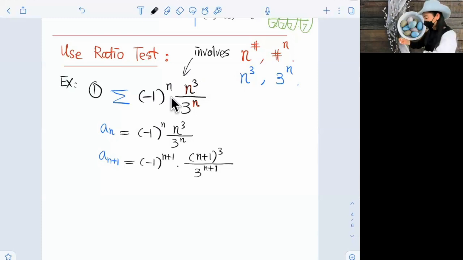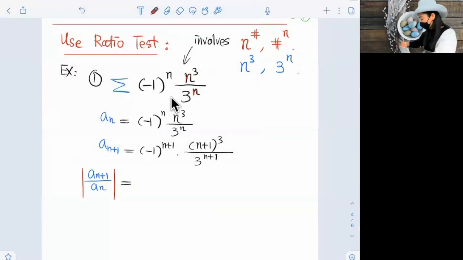Let's look at the ratio. We look at the absolute value of this ratio. Now, we can ignore the alternating sign because of the absolute value. We just take this part.